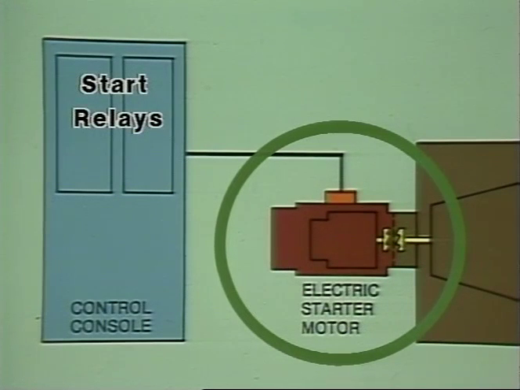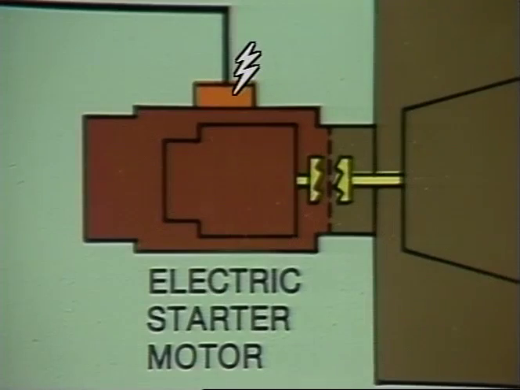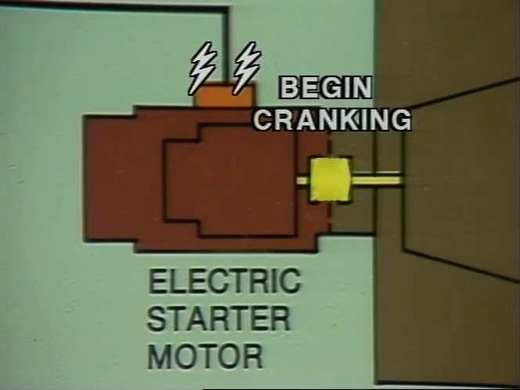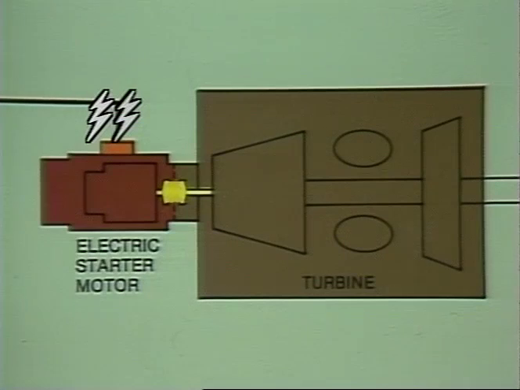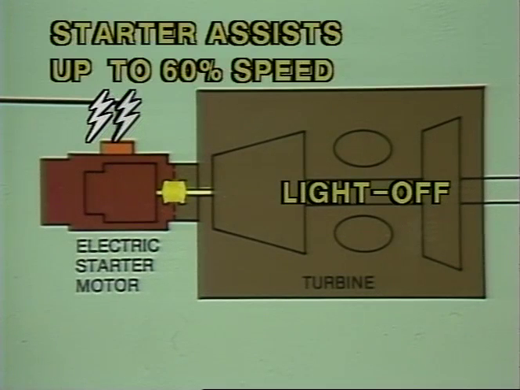This command signal first energizes the soft start contactor, which shuttles the motor's armature to engage the jaw clutch assembly. 1 to 2 seconds after the jaw clutch engages, the main contactor energizes and causes the starter to begin cranking the engine. Assuming combustion has occurred, the starter will now aid the turbine engine's acceleration to 60% speed.